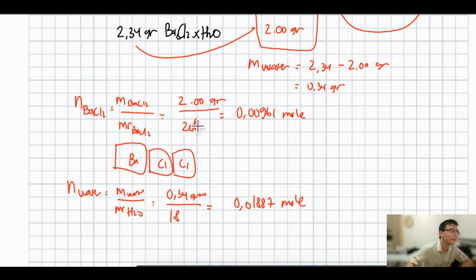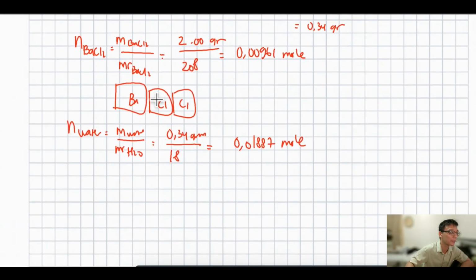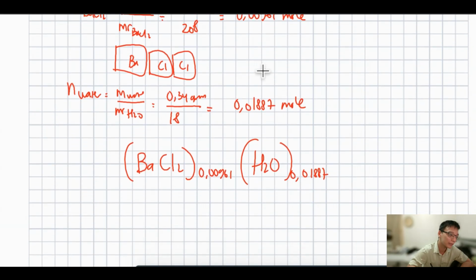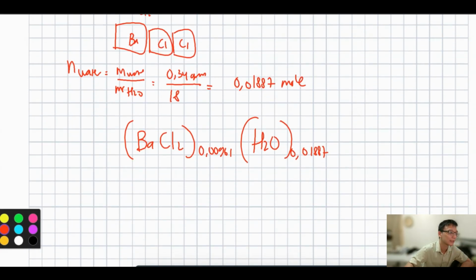In order to find the exact number of water molecules that are bound by the BaCl2, we just need to make a ratio between these two. So BaCl2, 0.00961, and H2O with the amount of 0.0187. Let's divide by the smallest number, just like the empirical formula.